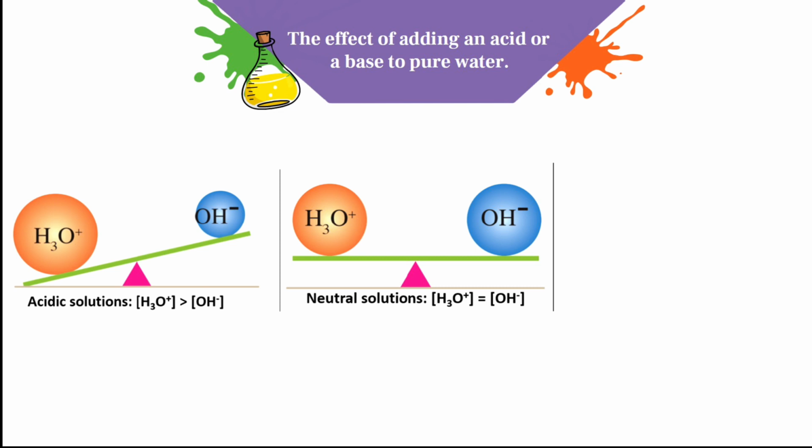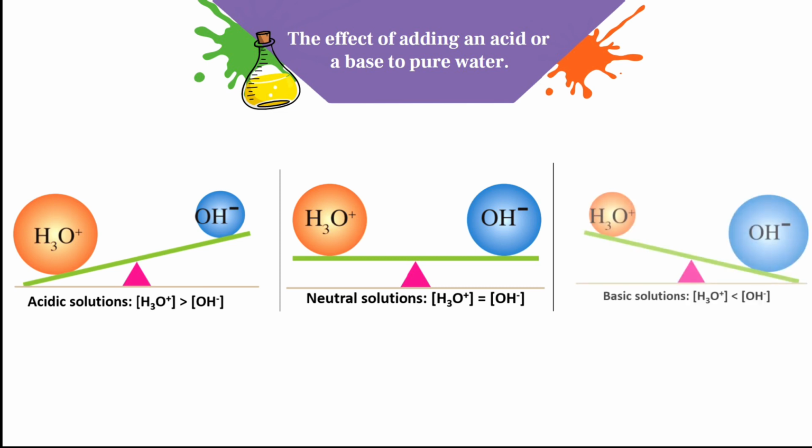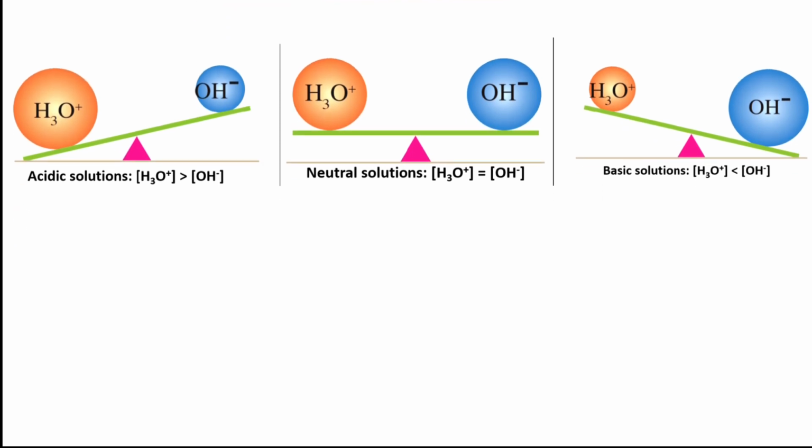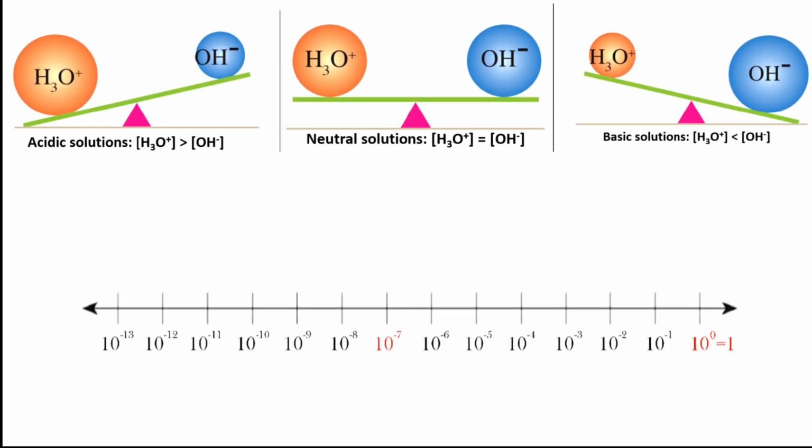But if the concentration of H3O+ is less than the concentration of OH-, then the solution is basic. In terms of numbers, when the solution is neutral, the concentrations of H3O+ and OH- are equal to 1 times 10 to the power of minus 7.